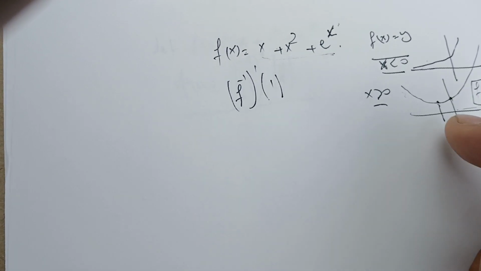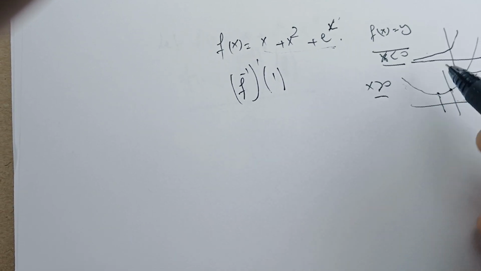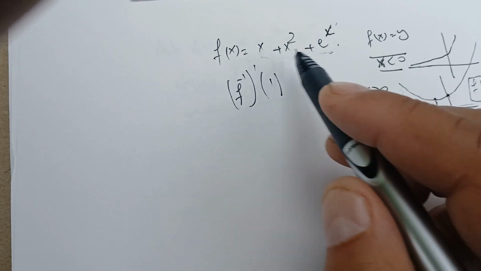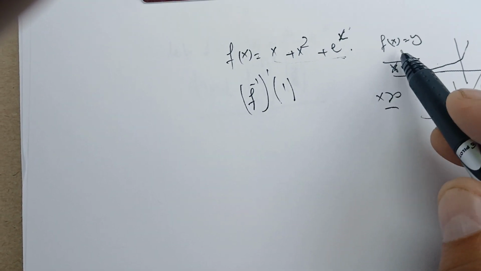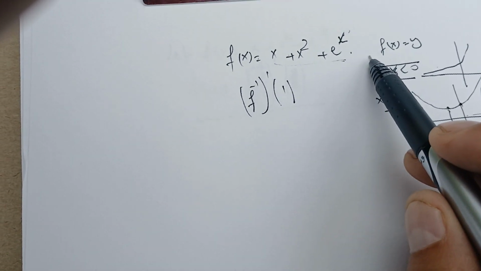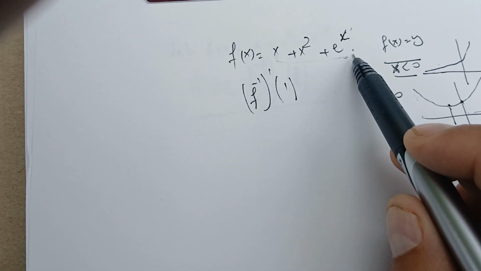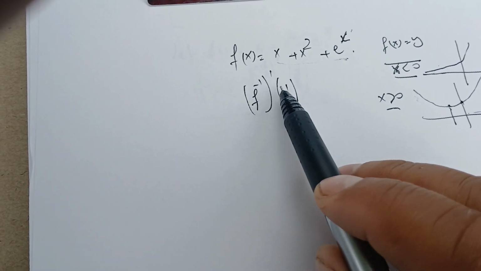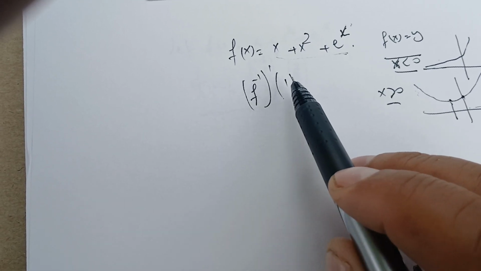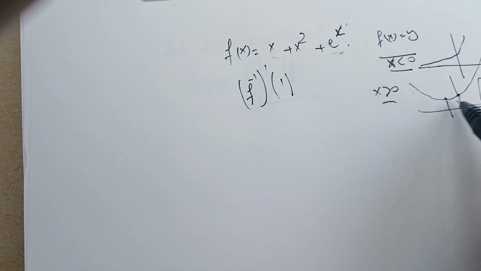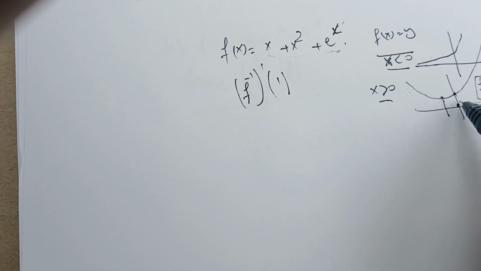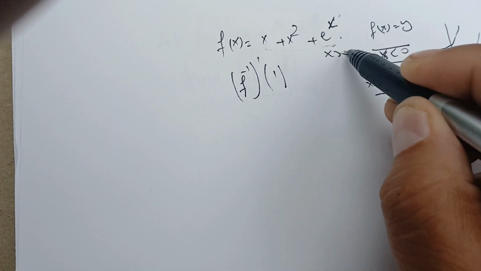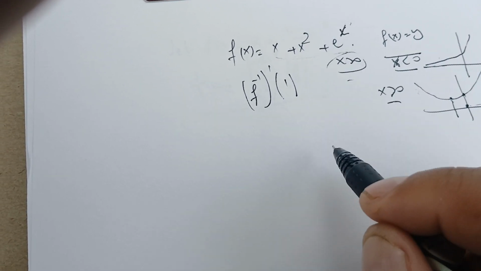That's one of the keys, because f is not bijective. That's the problem with this function. But if we want to find the derivative of the inverse function at 1, we can assume that f is defined only on this interval, so x positive.